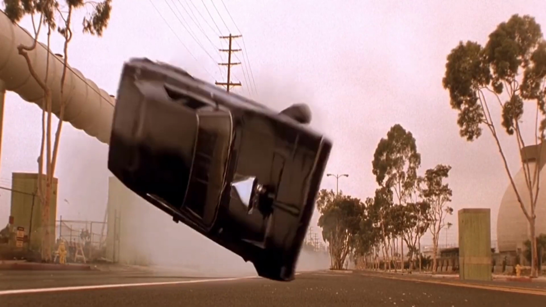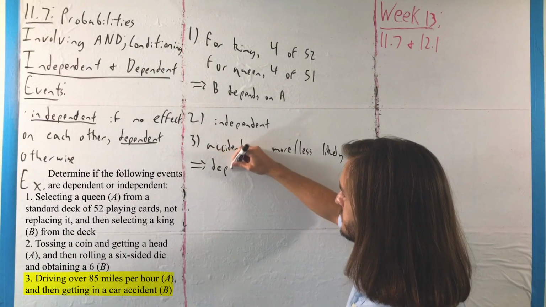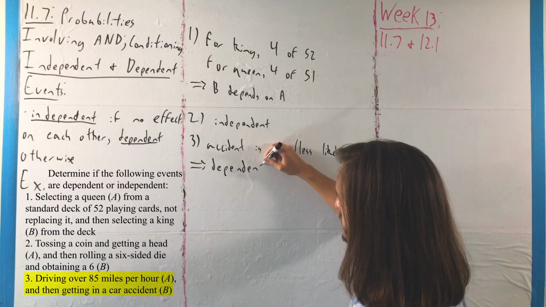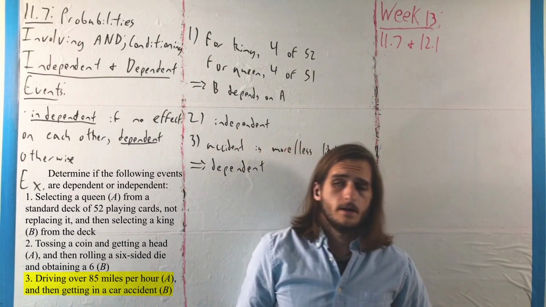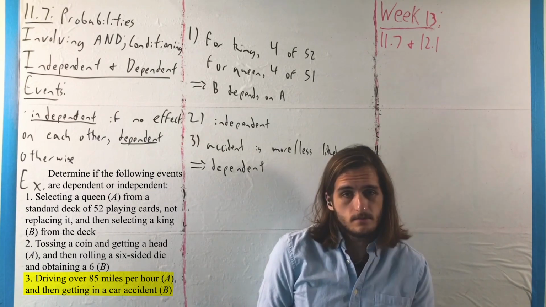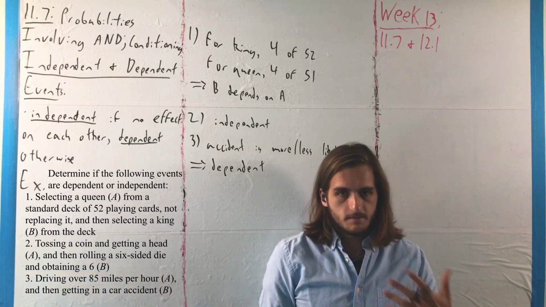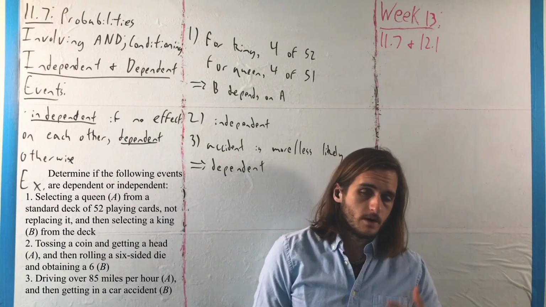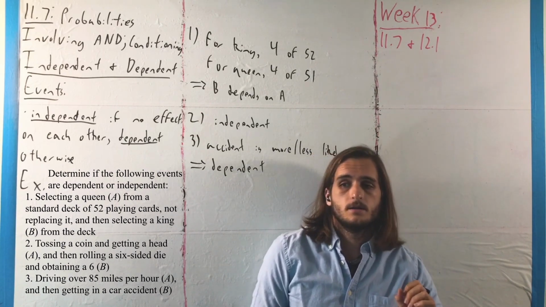The point is, it's changed. So these are dependent. That is, the probability of being in an accident depends on how fast you're going. So that's our rough idea for what it means to be dependent versus independent.